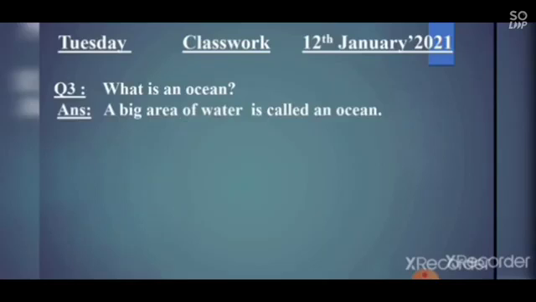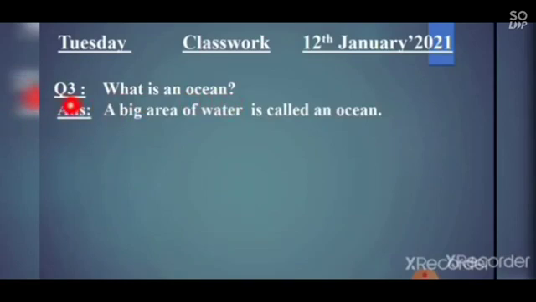The ocean is a place which is covered by water in the continent, and in the ocean people cannot live as compared to the continent. Our world has 7 continents, and all are thoroughly covered by oceans. So what is an ocean?